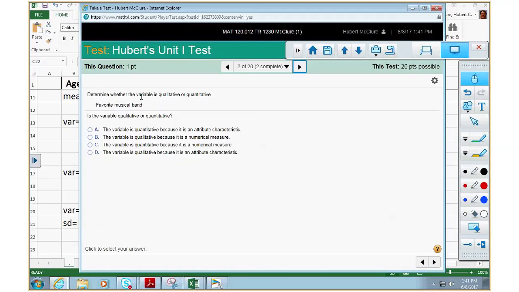Determine whether the variable is qualitative or quantitative. Qualitative, because it's not asking for numbers. So you have to say qualitative. So that would make it either B or, no coffee, D. Okay, I would say D. Next question.